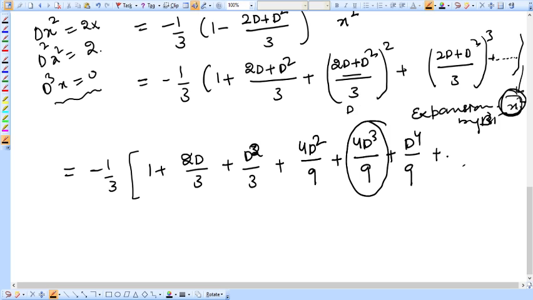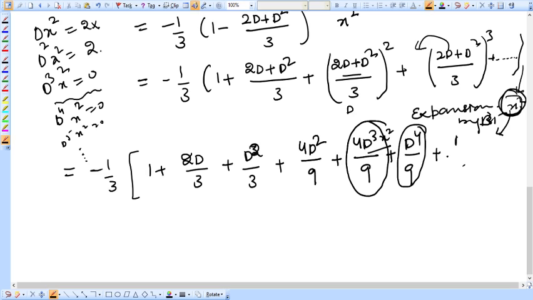Because when you take x square inside, the D cube term would be 0 obviously. Also D4 x square would be 0, D5 x square would be 0. All the higher differentiations of x square would be 0. So we are not going to write these, because for them the differentiation is equal to 0. You see here also, this term has a minimum degree of D of 3, it would be 8D cube divided by 27. This is the minimum order of this term.